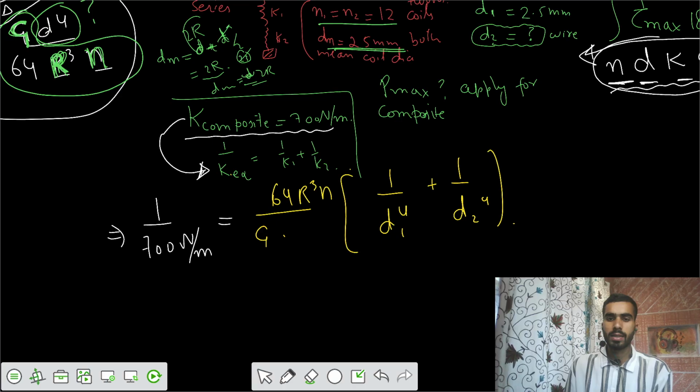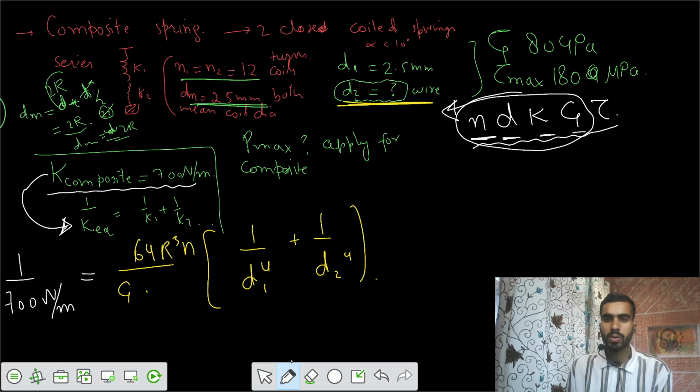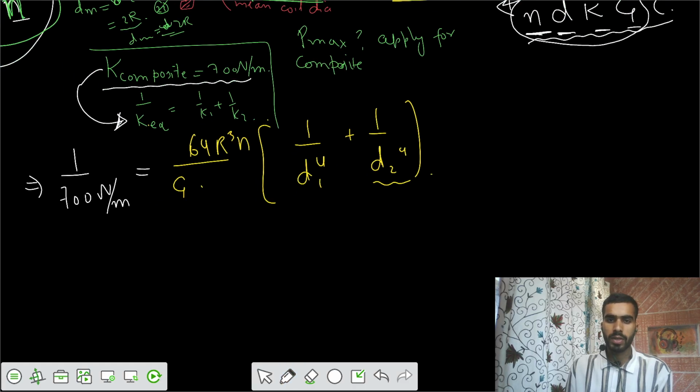Okay, let's take now the values of these. So we have d2 unknown, so accordingly we can get the equation now.